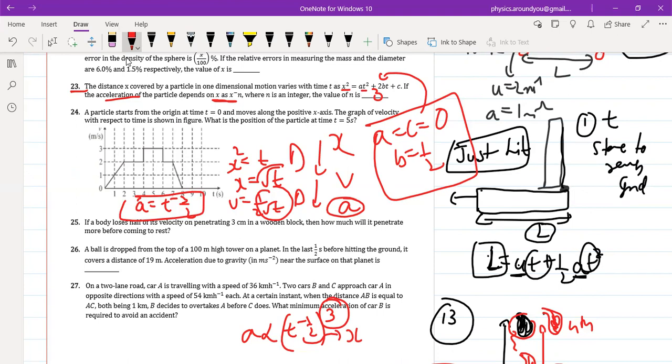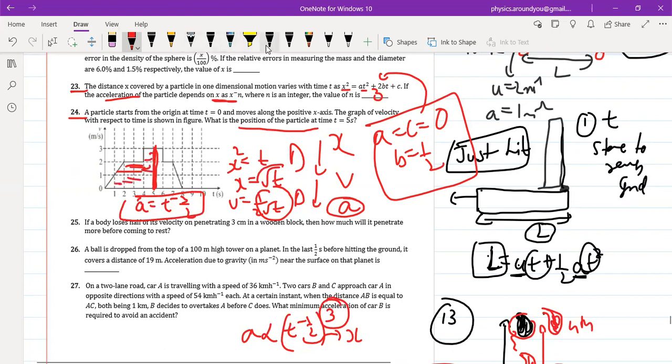Okay. Now, question number 24. What is the concept for question number 24? They're asking the position of the particle at t equal to 5 seconds, not at t equal to 8 seconds, as most of you might calculate, at t equal to 5 only. So I calculate this area by using anything I like.